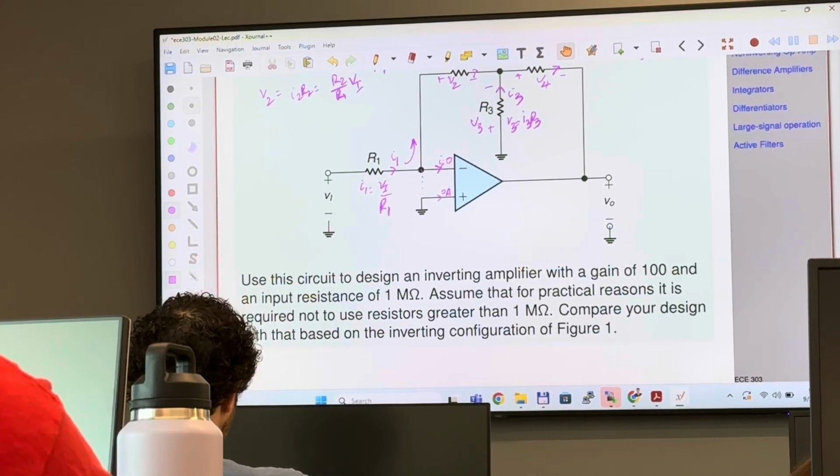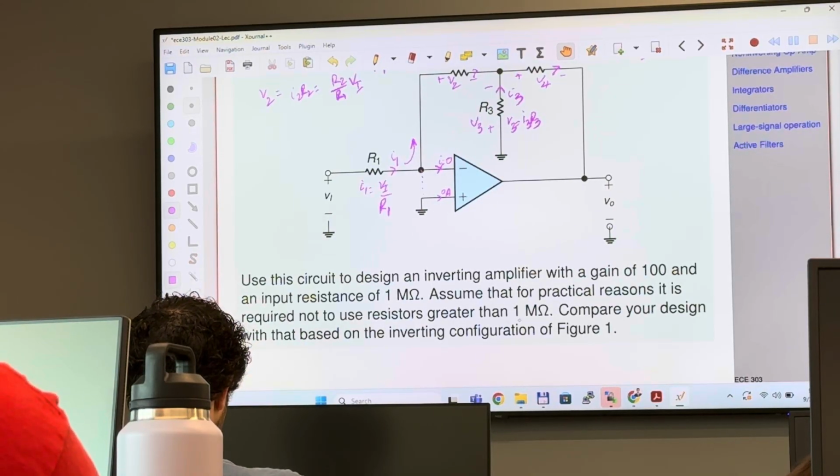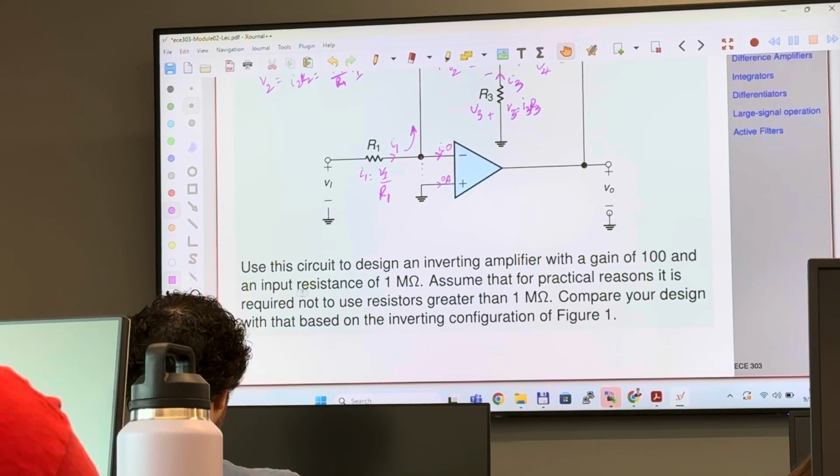So the output is going to be of opposite sign to the input. And what is limited here: the input resistance R1 cannot be more than 1 megaohm.